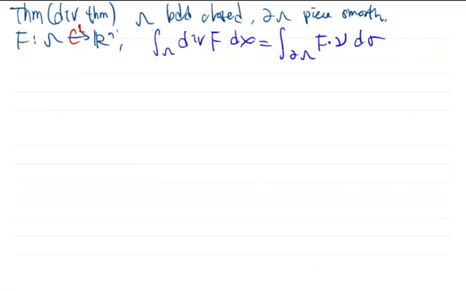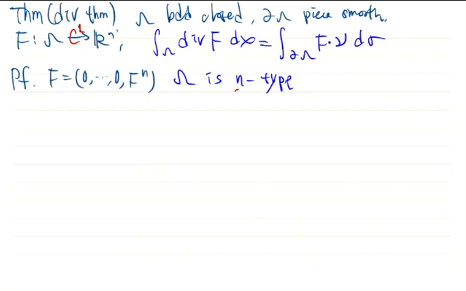So we consider the special case where f only has the last component non-zero. Consider this case first. And omega is n-type. What's n-type?